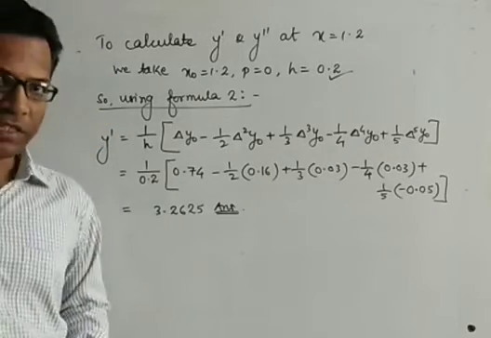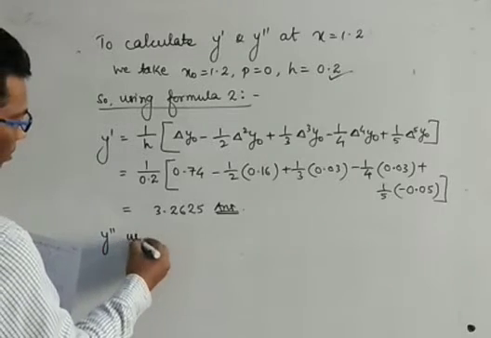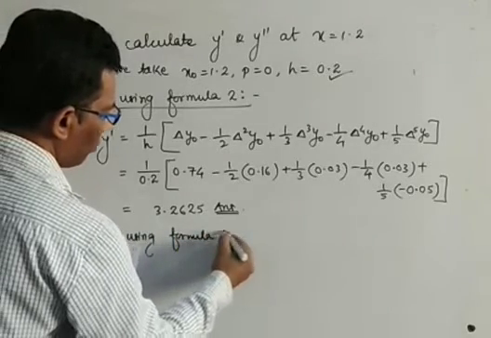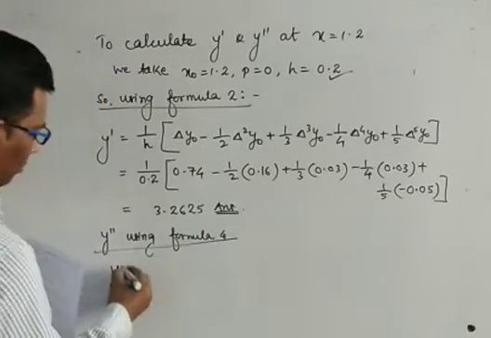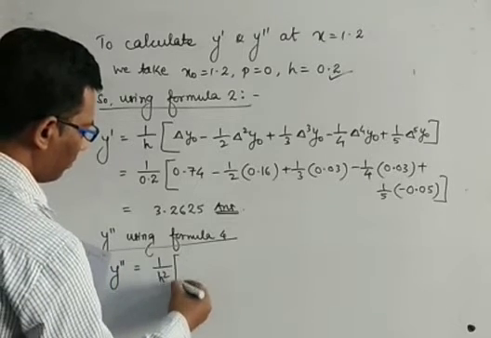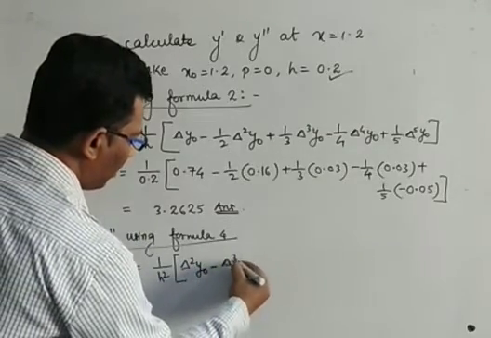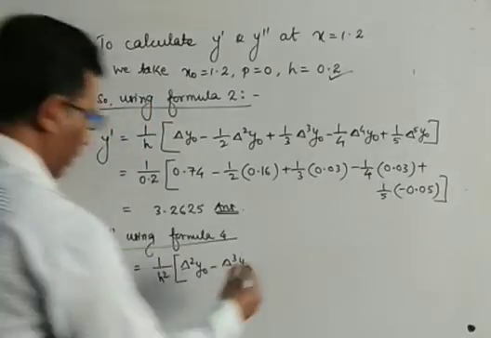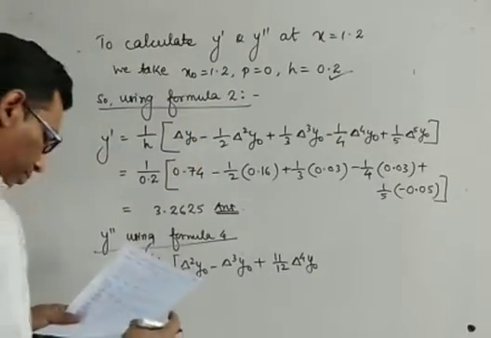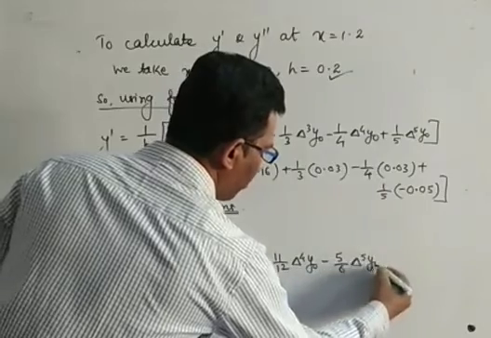And now for calculating the second derivative, we have to use the fourth formula, that is y double dash equals 1 by h square [delta square y0 minus delta cube y0 plus 11 by 12 delta 4 y0 minus 5 by 6 delta 5 y0].